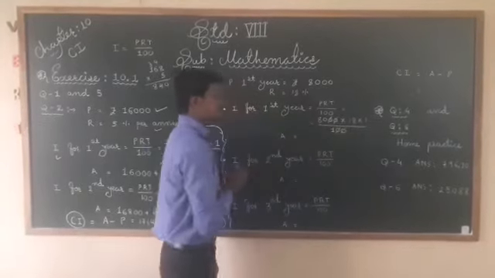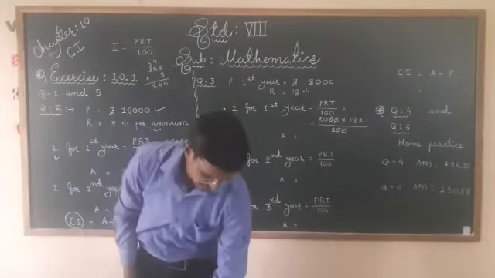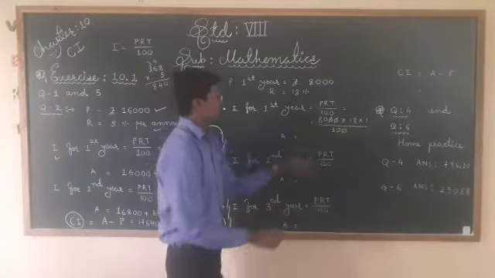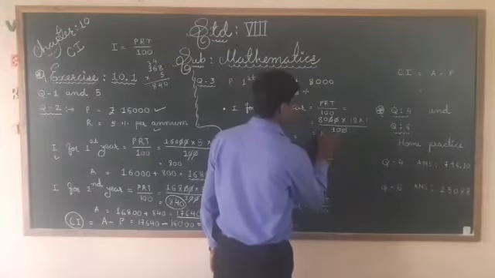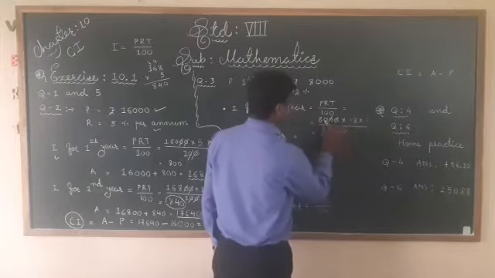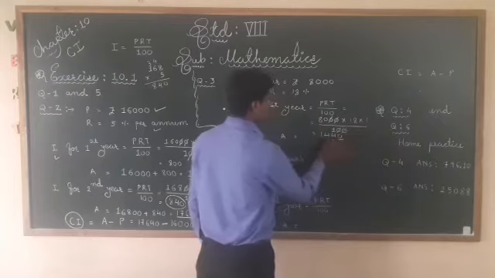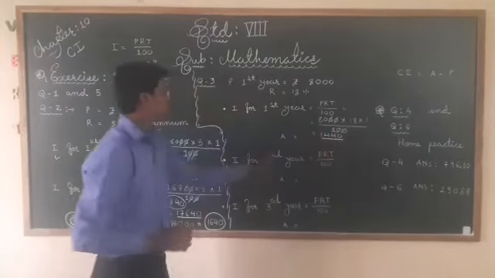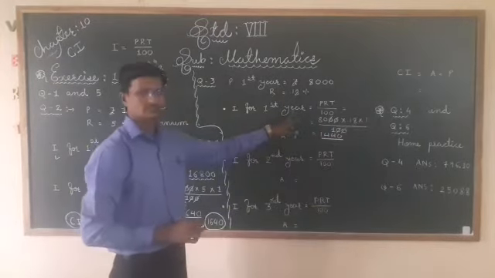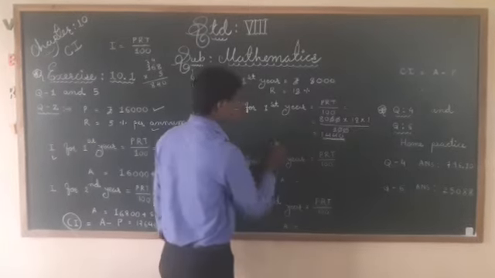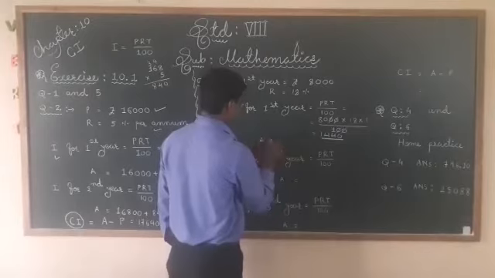So 18 times 8, that is 144. So with 0 there, 1,440. That is the answer, the interest for the first year. So here what we will do? We will add the total amount.